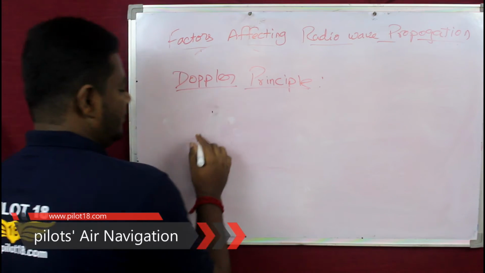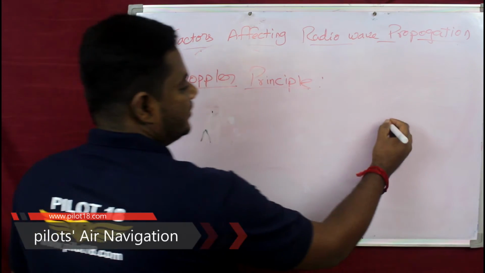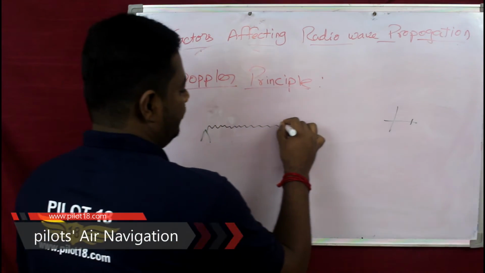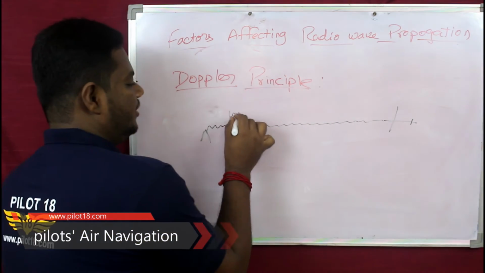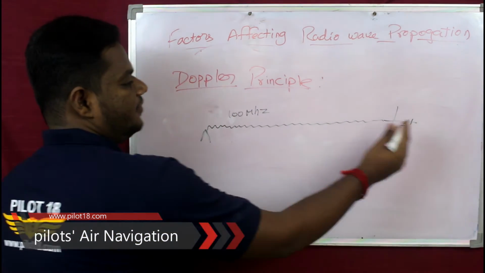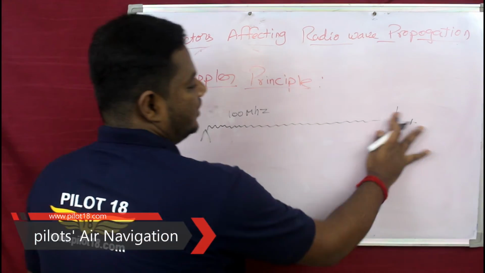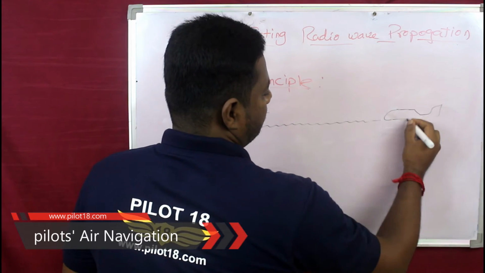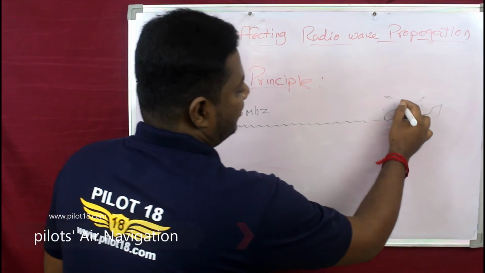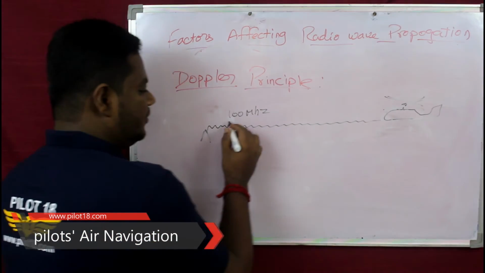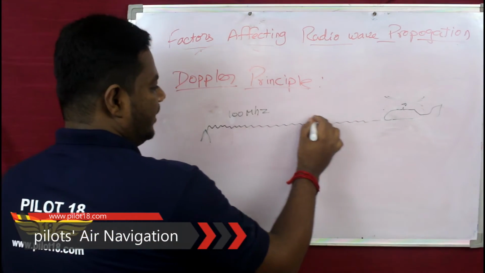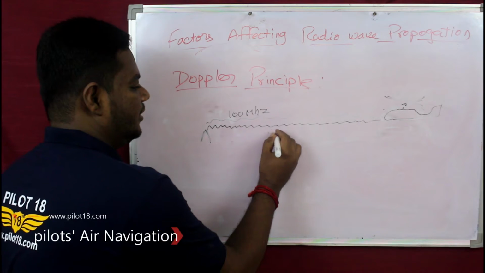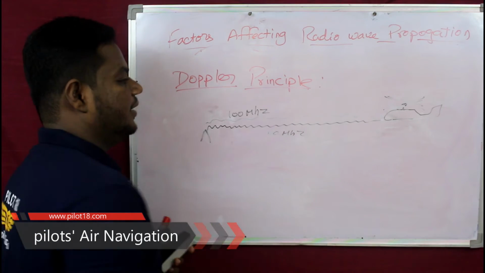Let's see, now there is a transmitter here and there is an aircraft here. Okay, so now when the transmitter transmits radio wave, let's say 100 megahertz, and the aircraft is standing on the ground, or let's say a helicopter. Okay, it's just standing still, hovering, right? So whatever the radio wave I sent, it will come back to me at the same frequency, going also 100 megahertz, coming back also 100 megahertz.